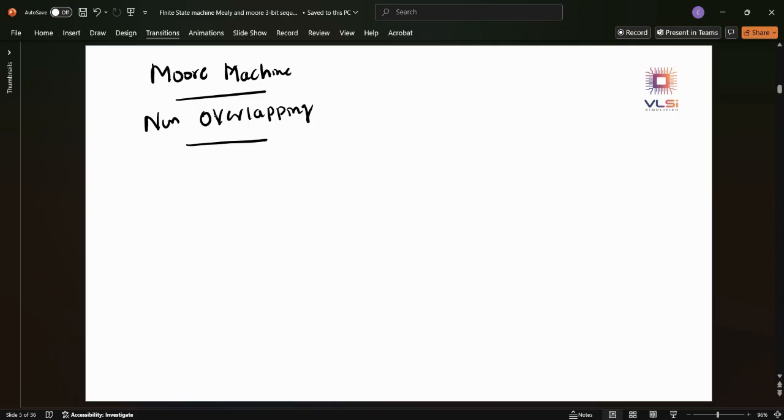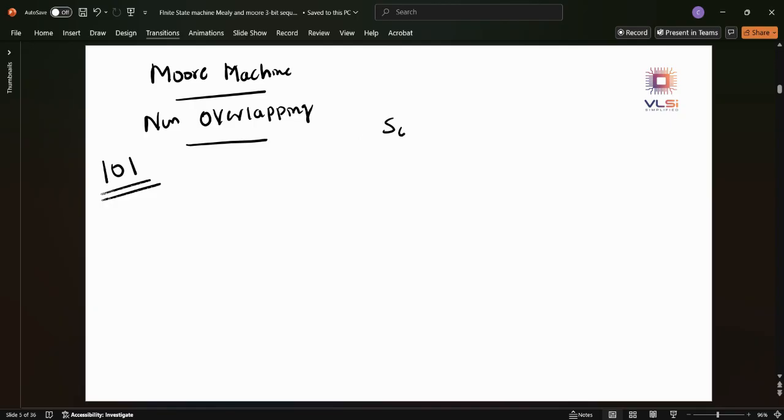So here, which sequence am I searching for? 101. I'm searching for 101. So if it is S0, the sequence will be like this. Here, this is state with output. Again here, one more state with output.